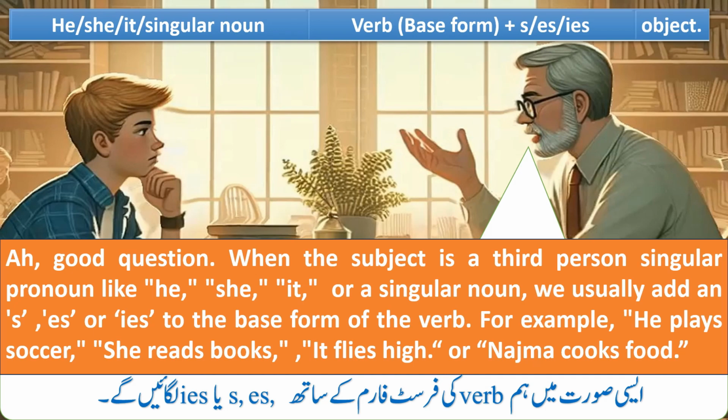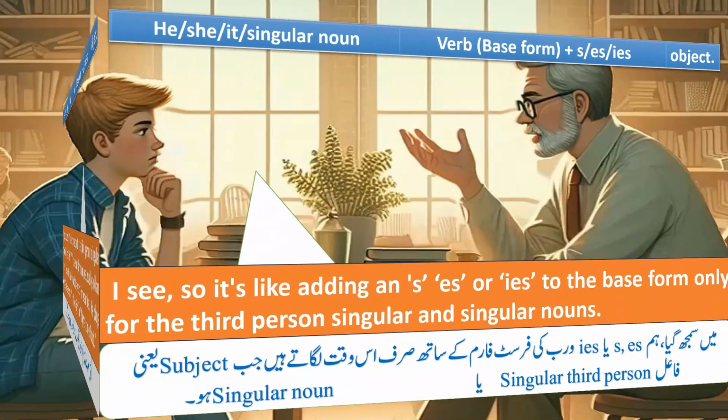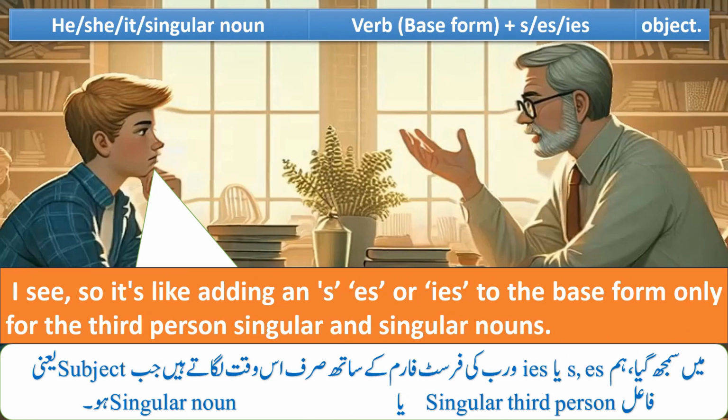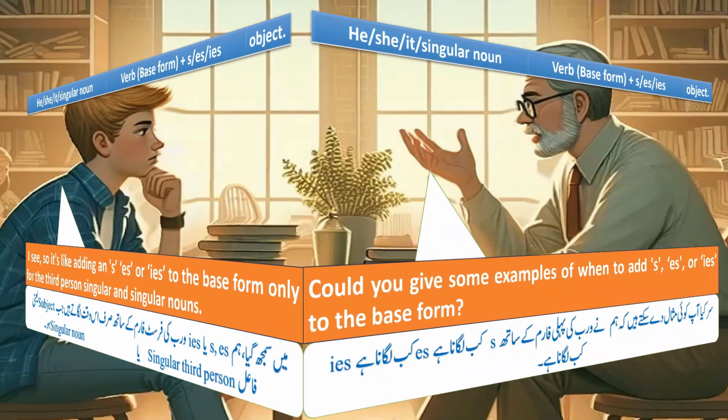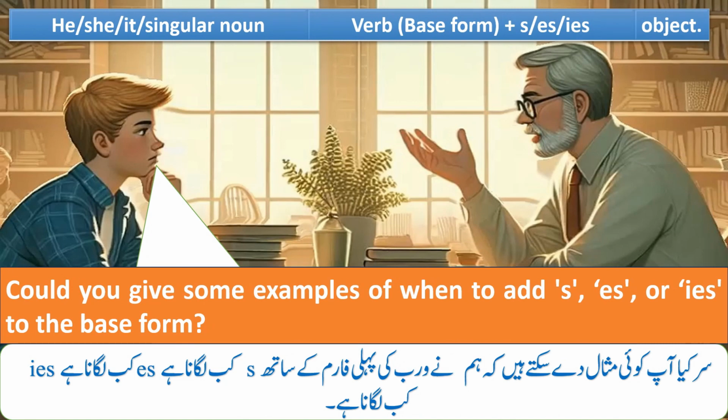For example, he plays soccer, she reads books, it flies high, or Najma cooks food. I see. So it's like adding s, es or ies to the base form only for the third person singular and singular nouns. Could you give some examples of when to add s, es or ies to the base form?